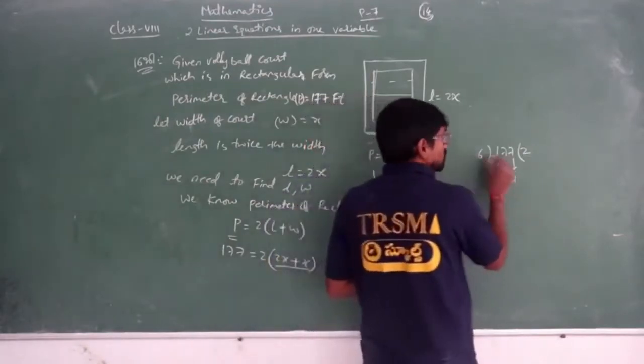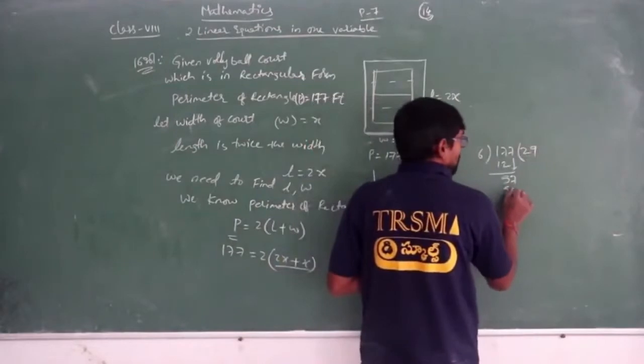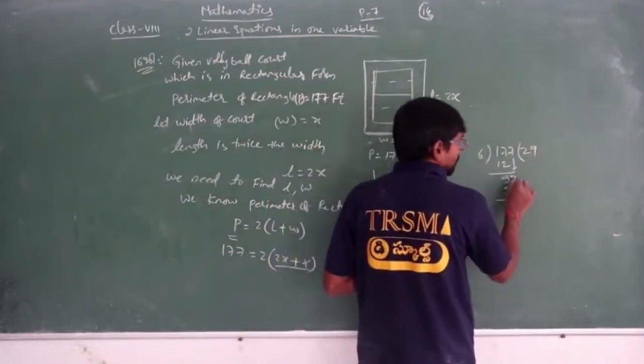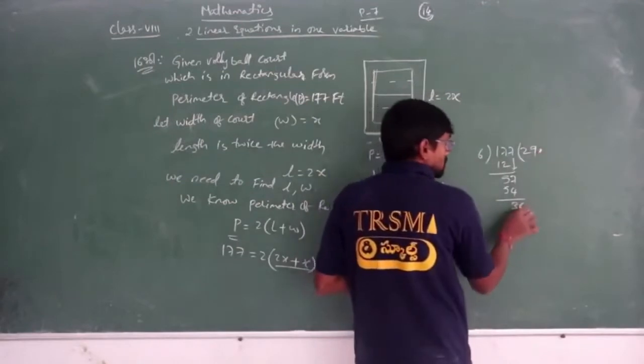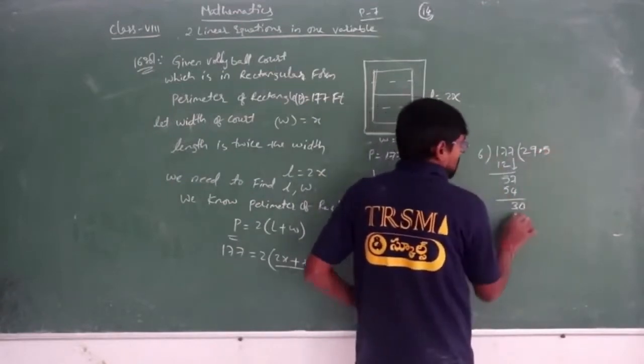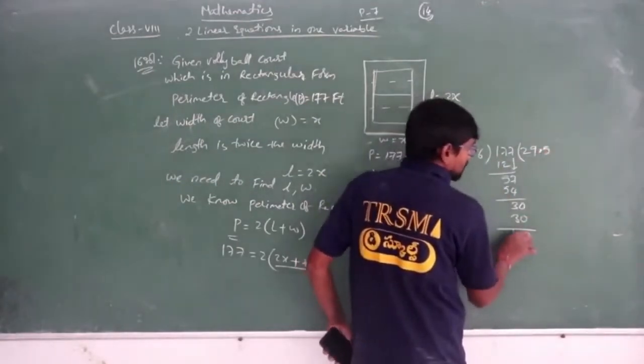So 54 is less, so 6 9s are 54. The remainder will be 3, and then 6 5s are 30. So here I'll get remainder as 0.